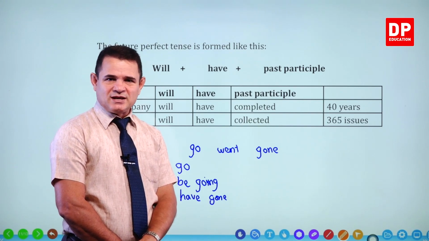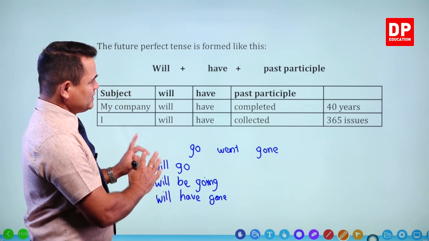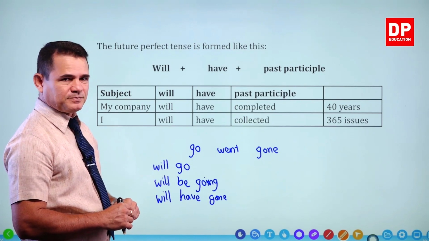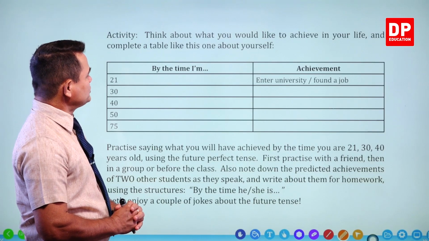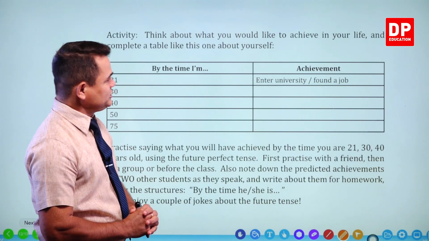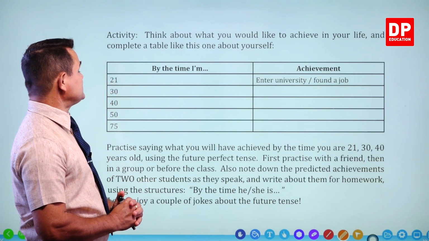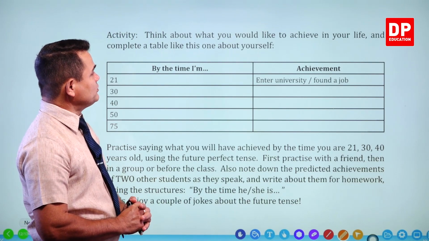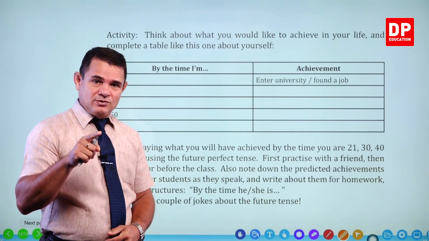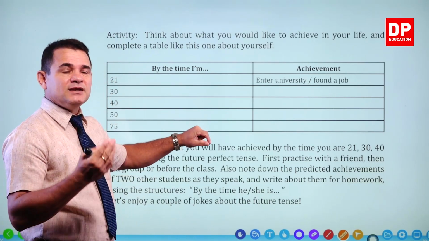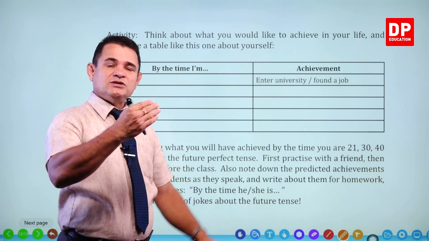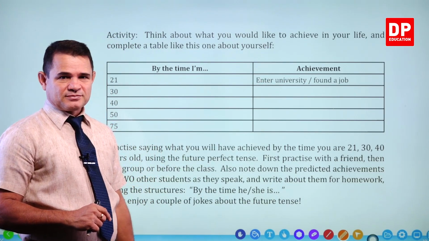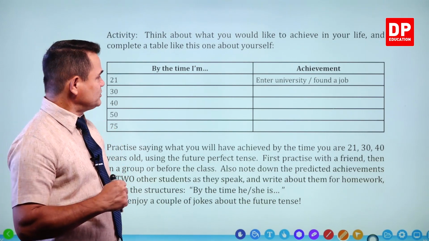So now I think it is very clear for you all. Have a look at this one and practice more and more. Then there is a small activity for you to do. Think about what you would like to achieve in your life and complete a table like this, one about yourself, your future hopes.